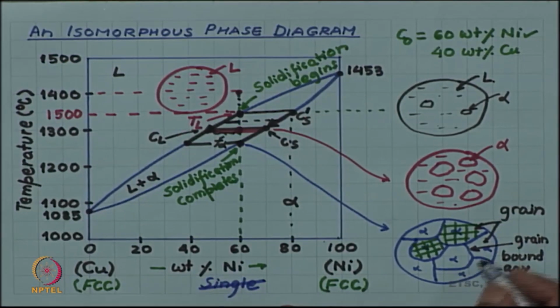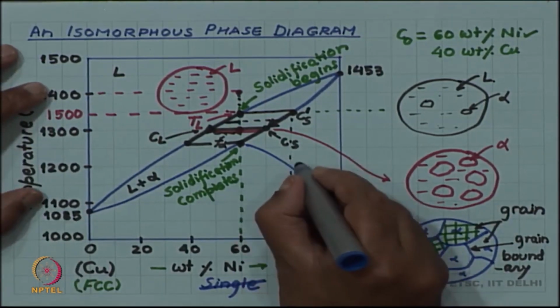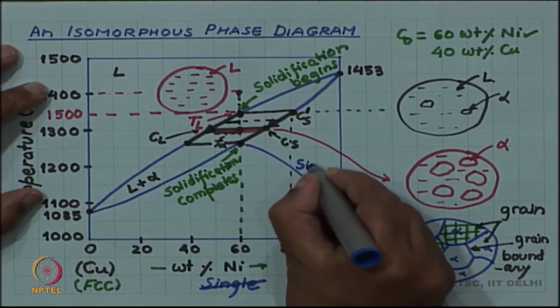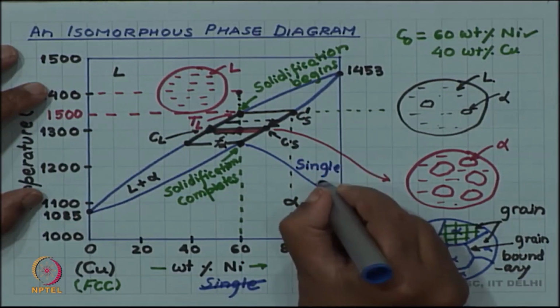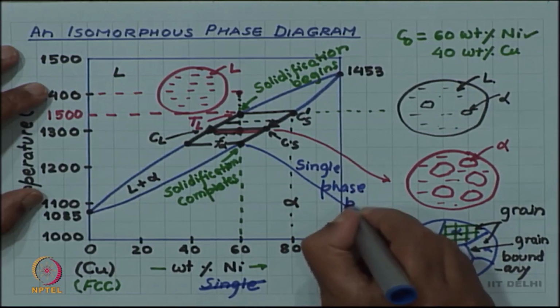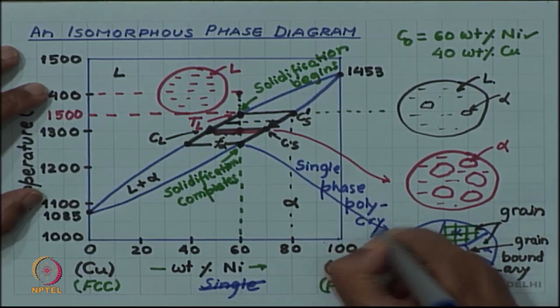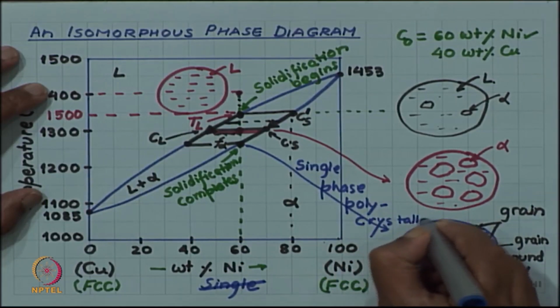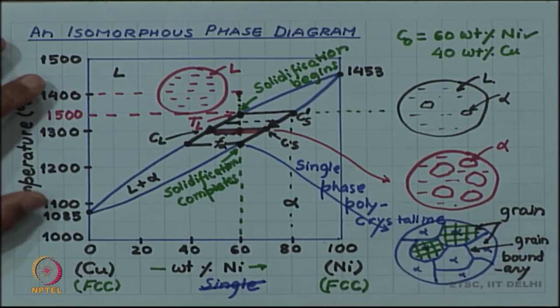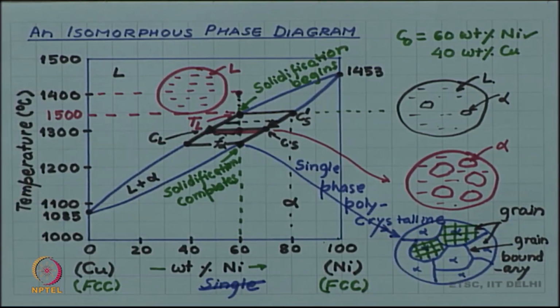So, you can remember this, or let me write it here along this blue line: single phase polycrystalline structure. A single phase polycrystalline microstructure is what you will end up with.